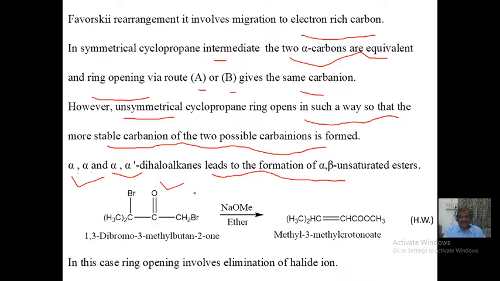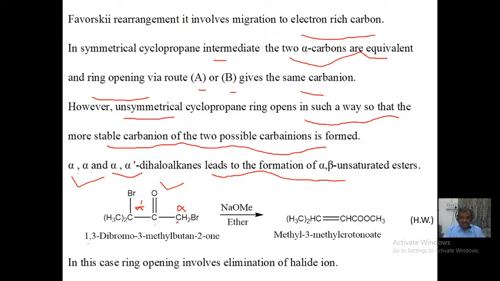I will explain a little bit. See, this is our carbonyl group. Suppose I say it is alpha, friend, then the opposite side has to be alpha prime, alpha dash, right? Dihaloalkane, here there are two bromine atoms, right? So this particular derivative is systematically known as 1,3-dibromo.